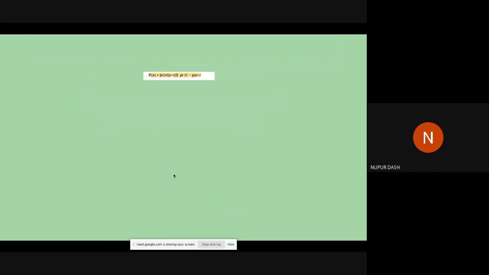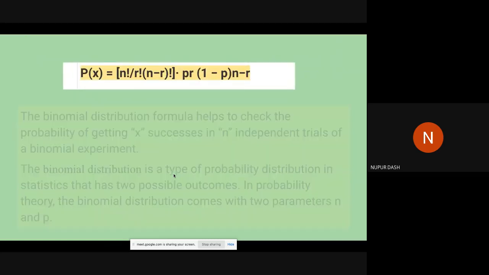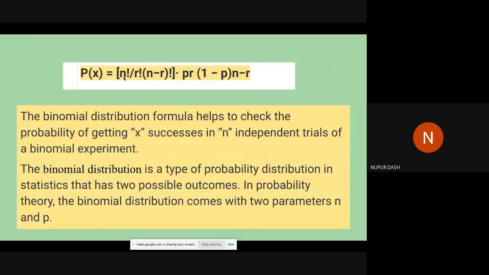Moving forward, we can elaborate the formula as nCx. You can write factorial n upon factorial r times factorial of (n minus r), or you can write x in the place of r. Okay, I have explained this in the previous slide.